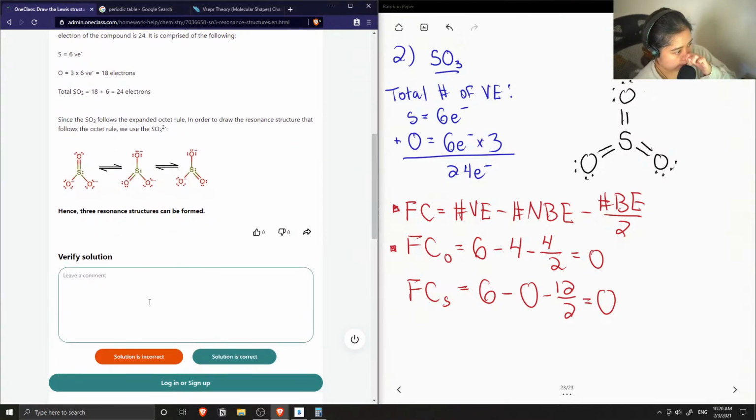So they showed how you could also have SO3 2-. If you were to gain an extra 2 electrons, then we can draw resonance structures that follow the octet rule. So this solution is correct.